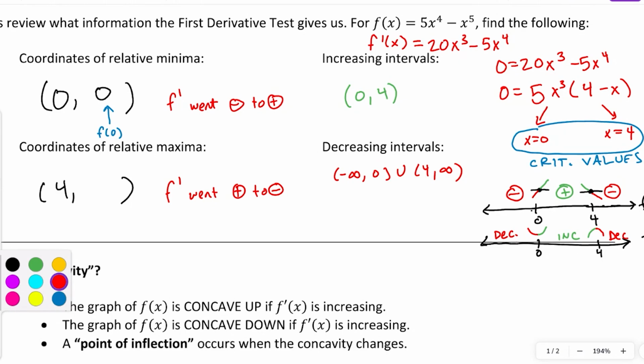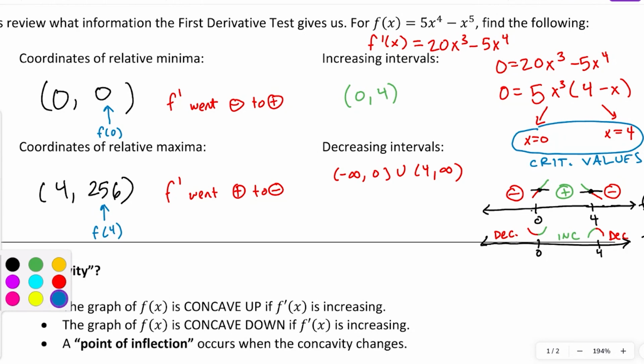I don't think that's one they're going to ask you to do by hand on the AP test. So 5 times 4 to the 4th minus 4 to the 5th is 256. I'm getting that from plugging 4 into x. I wouldn't expect you to compute that on a non-calculator test; that's beyond what would be reasonable.